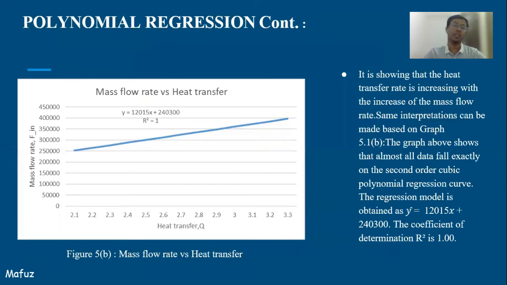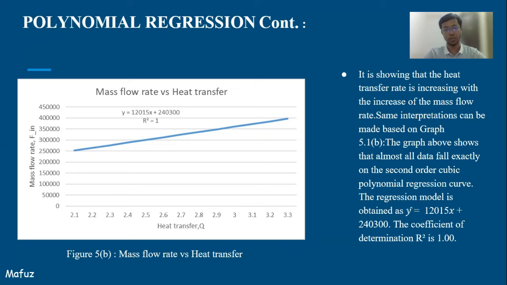And for polynomial regression 2, here is another regression showing that mass flow rate is increasing with the heat transfer. The graph above shows almost exactly a cubic equation.